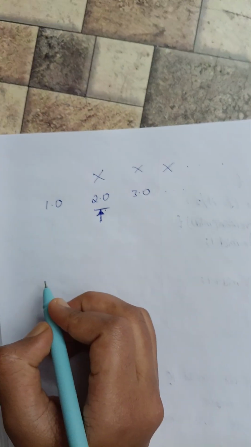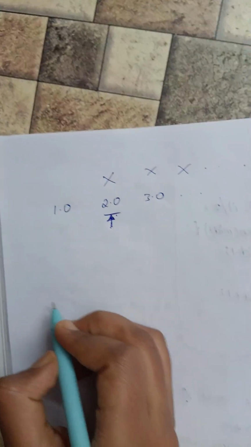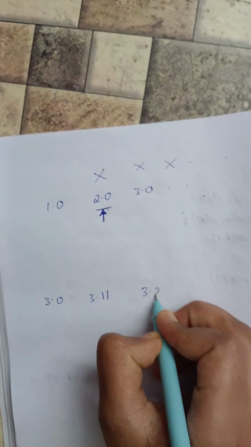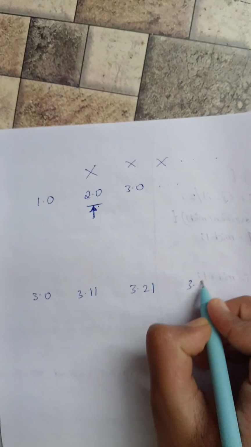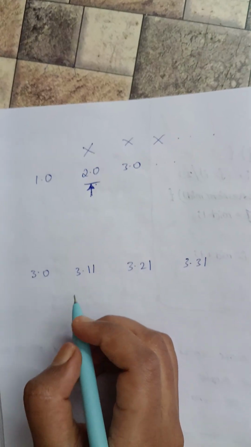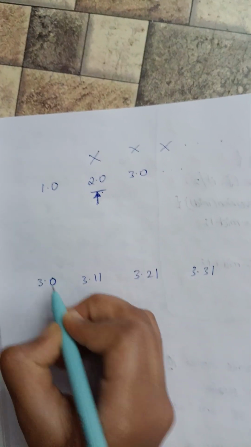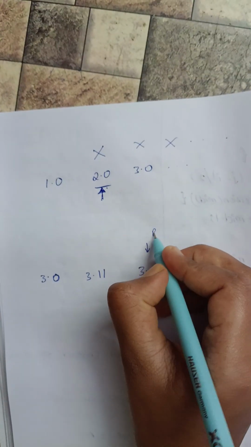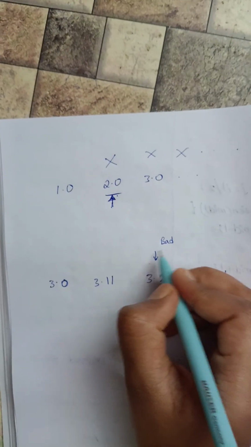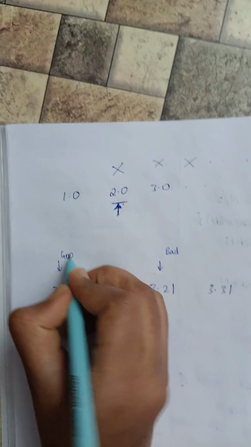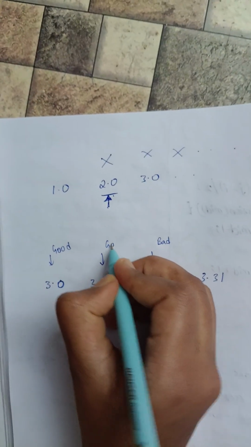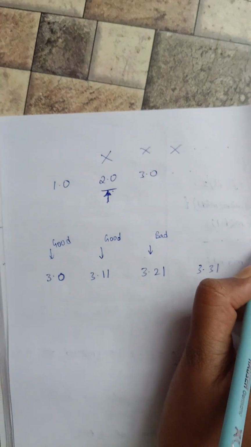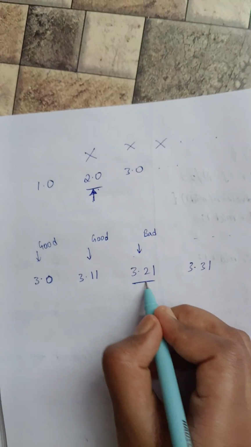Suppose that there are many versions, 3.0, 3.11, 3.21, 3.31. Suppose this is the first bad version, this is good, and this is also good. If it is bad, then later versions will also be bad. So we need to find the initial bad version.